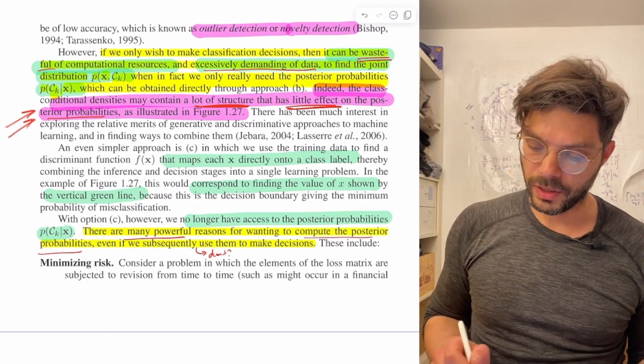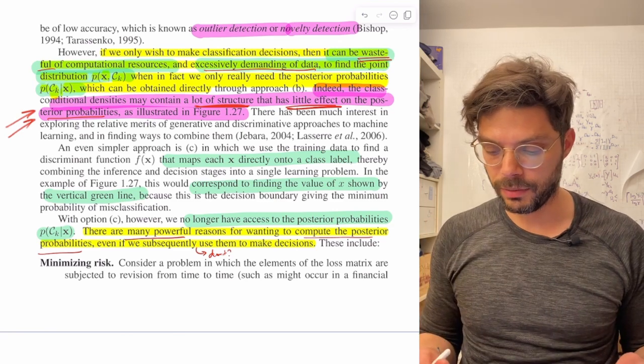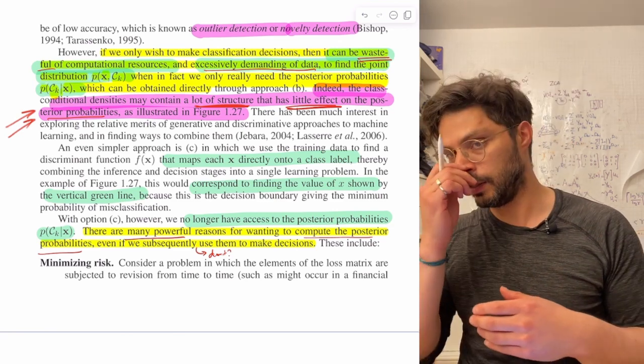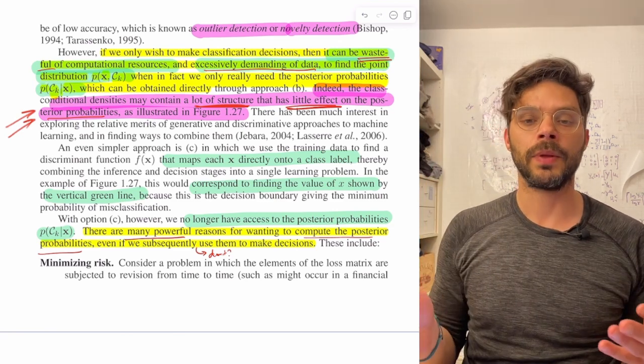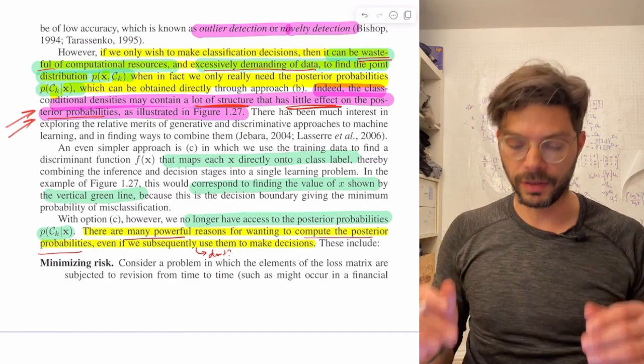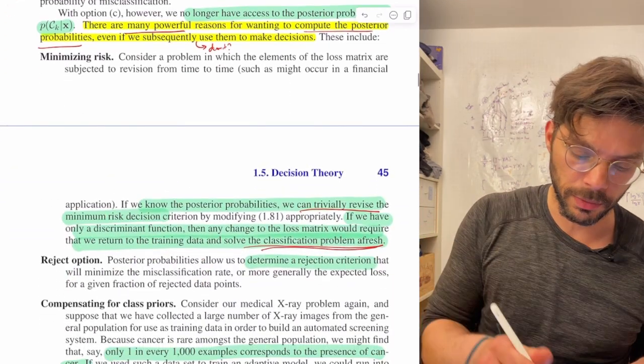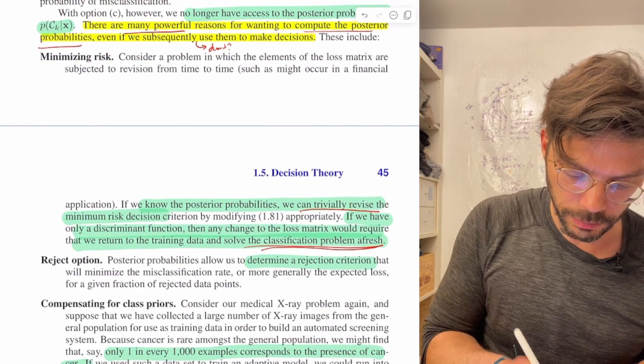So, minimizing risk. Remember, a couple of sessions ago we talked about how to make decisions when you have this loss function. And so remember, the rule was, let me write that down.